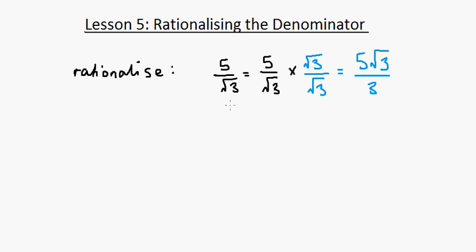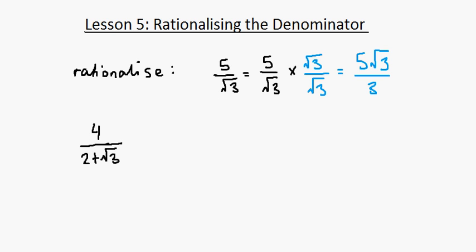So now, because we know the basics, of course, we have to advance, sadly, to the harder examples. So say, what about if we're given 4 over 2 plus root 3? What do we do?